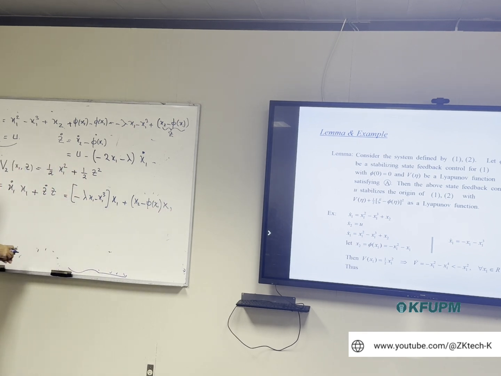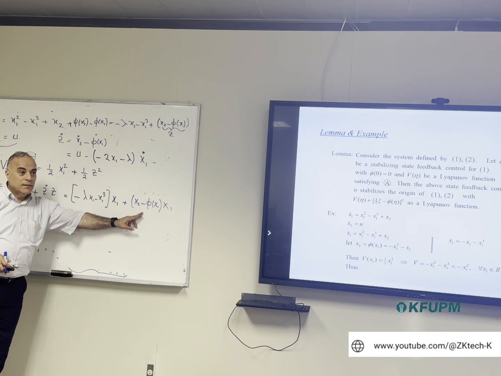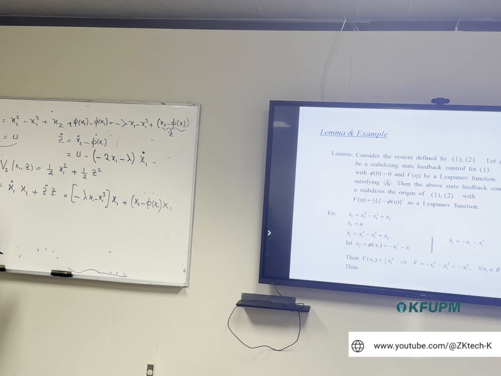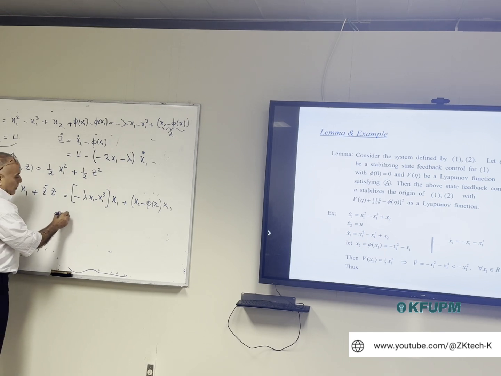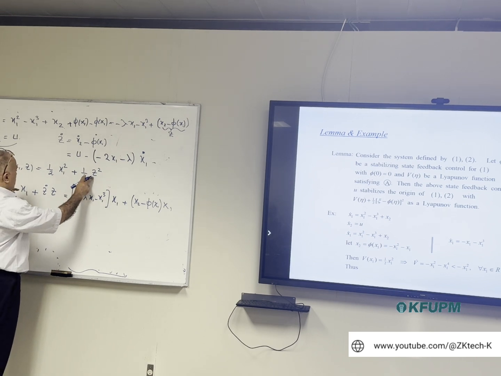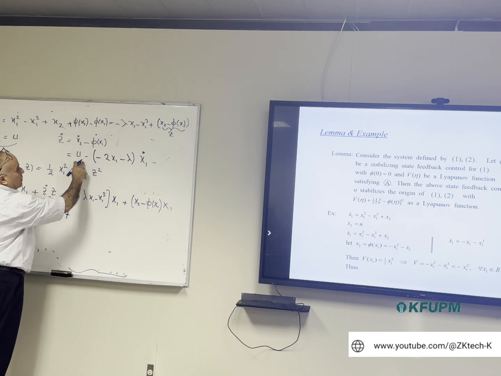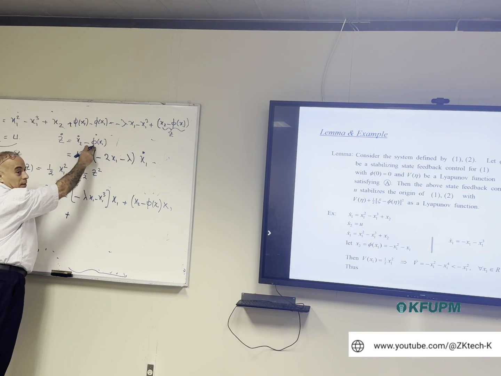So this is basically x1 prime times x1. Or this is basically z for us, z multiplied by x1. And then plus z prime. Z prime, we have it equal to this value, right? But to make it short, I'm going to take only this.